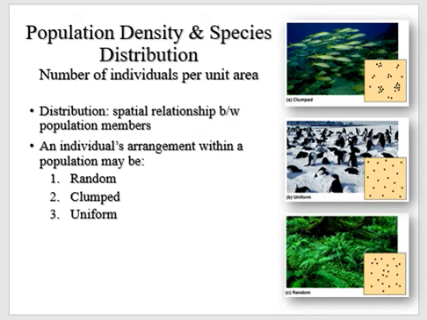Species dispersion patterns, or their distribution patterns, show spatial relationships between members of a population within a habitat at some particular point in time. In other words, they show whether members of a species live close together, or maybe they don't live close together, and live farther apart.